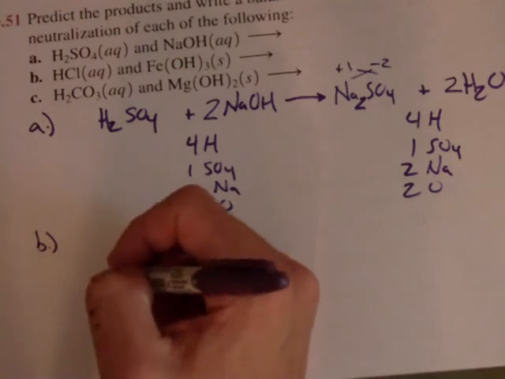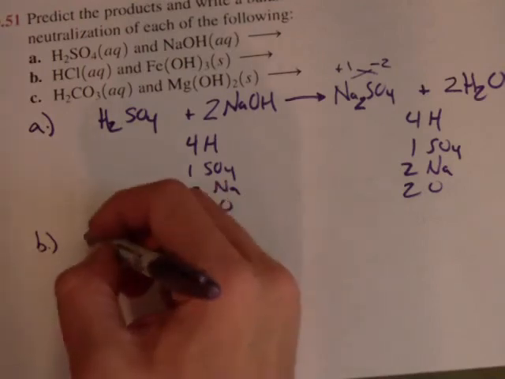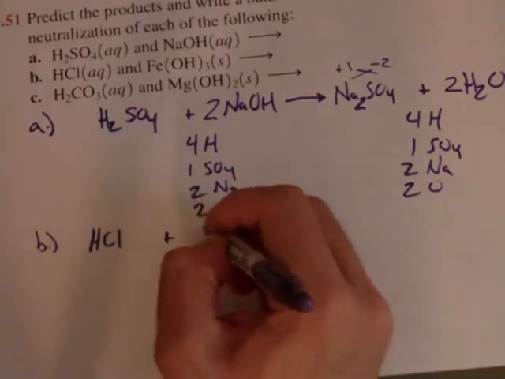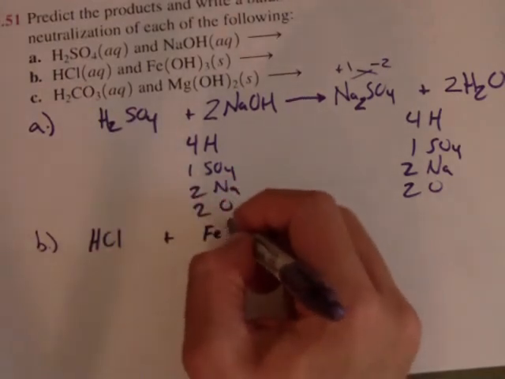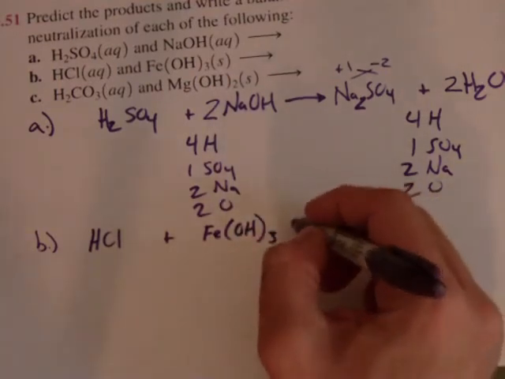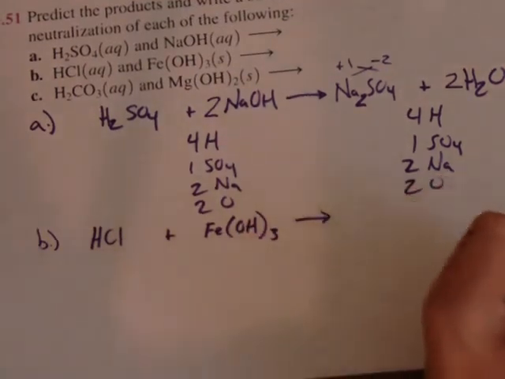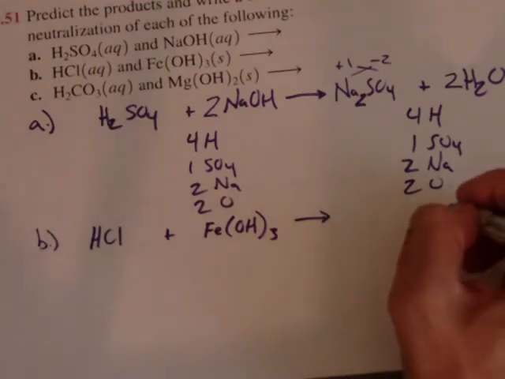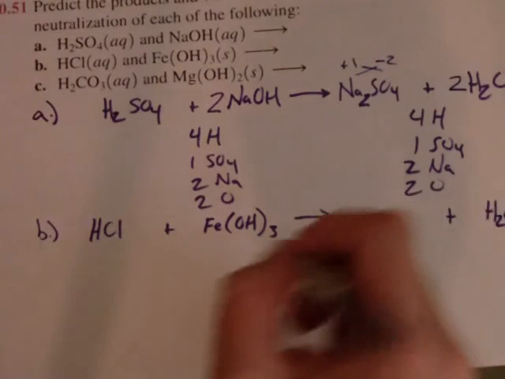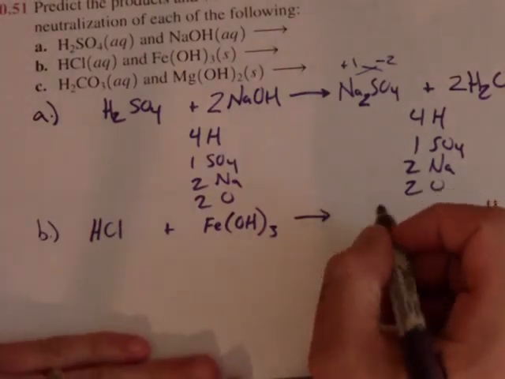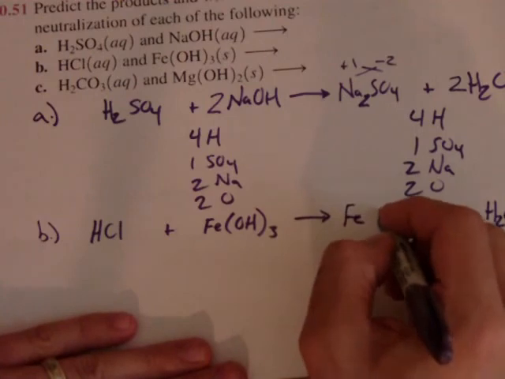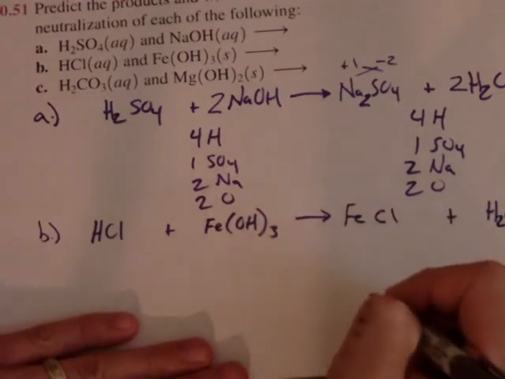The next one we'll look at is B. We have HCl and iron 3 hydroxide. With acid and base neutralization, we always make water. And the salt that's left is going to be the metal with the non-metal.